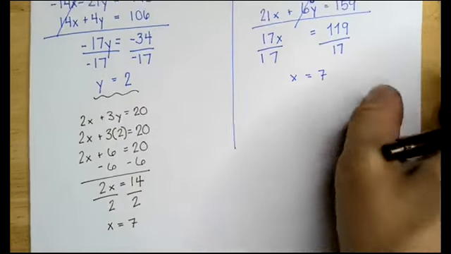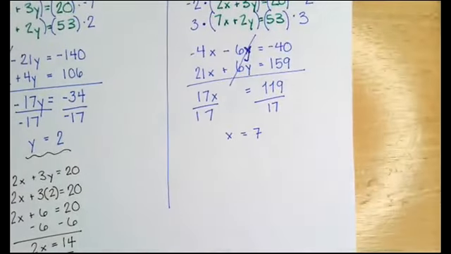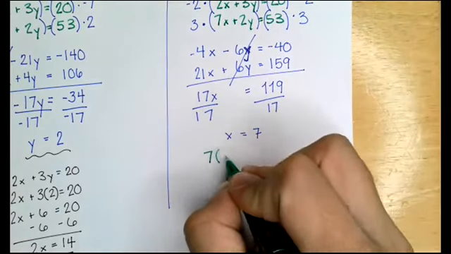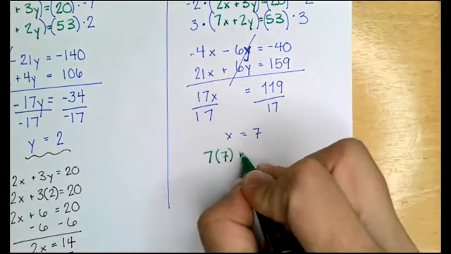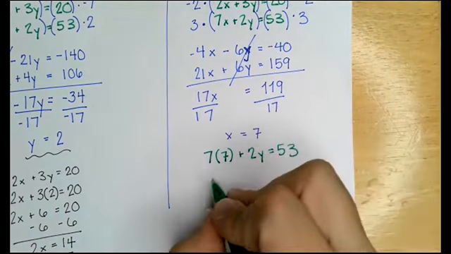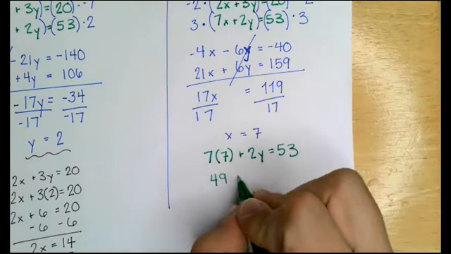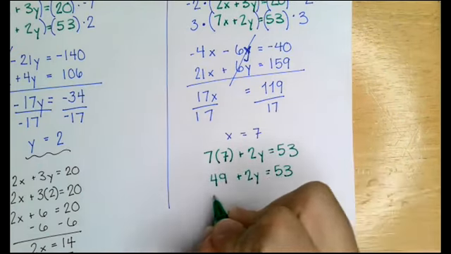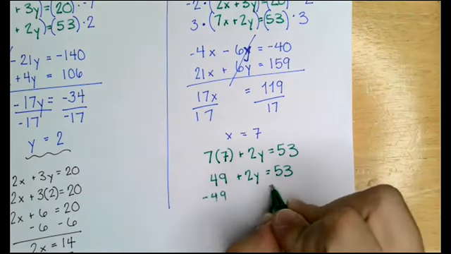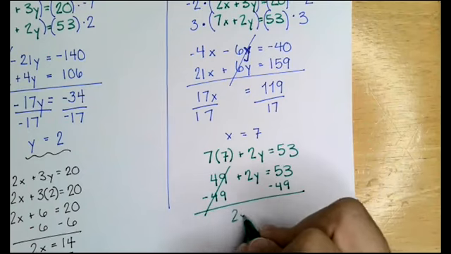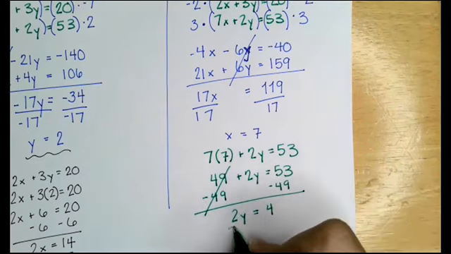So again, if I put 7 in for x, and this time I'll use the other equation, 7 times 7 plus 2y equals 53. 49 plus 2y equals 53. Take away the 49. 2y is 4.